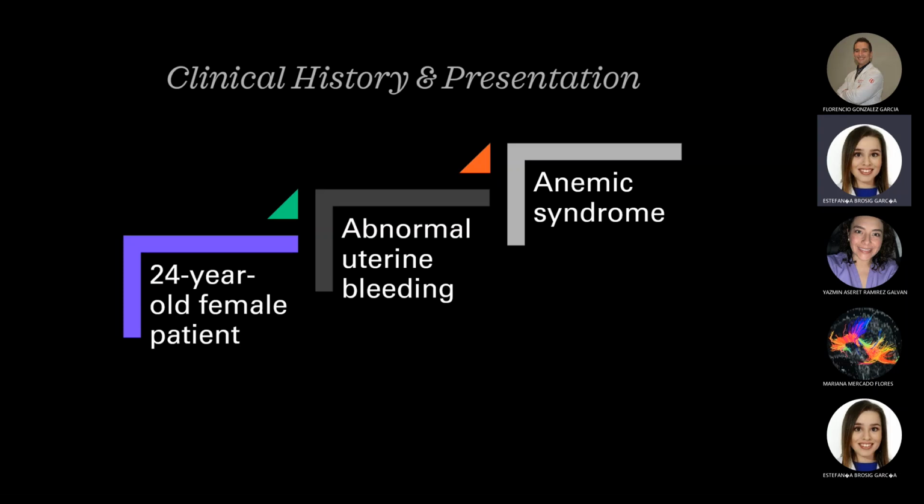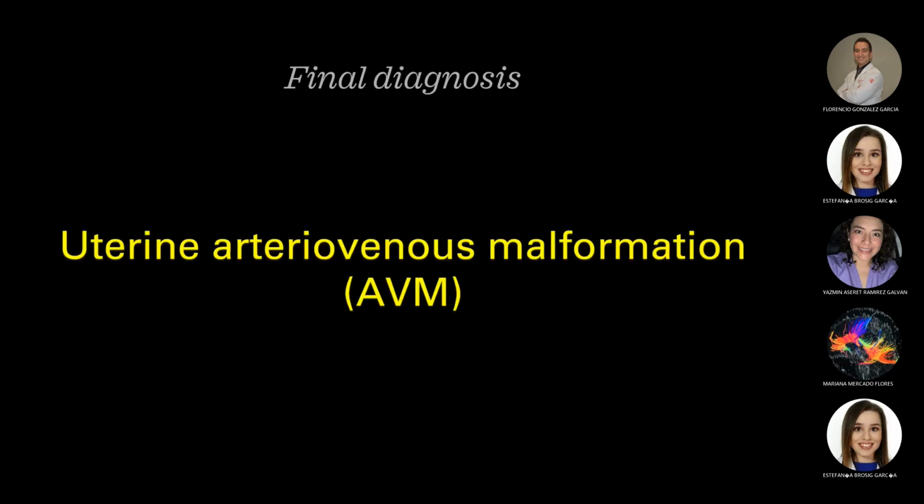First, we did a transabdominal approach, and then due to the difficulty of the diagnosis, we suggested to the patient a transvaginal approach. We explained the procedure, the benefits, and the risks, and the patient accepted. The final diagnosis for this case was a uterine arteriovenous malformation.